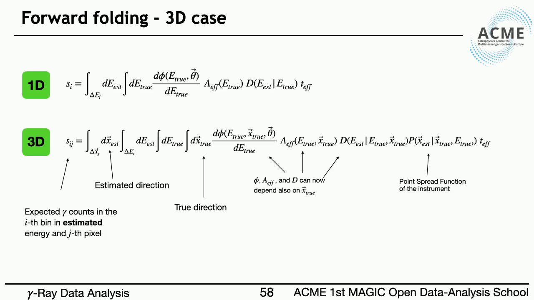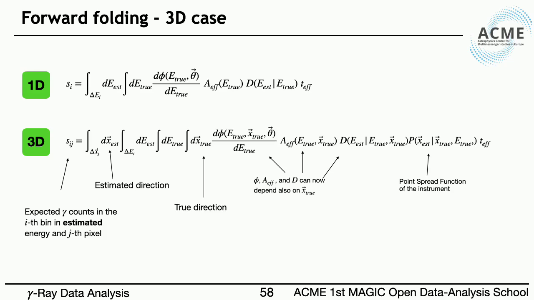Here, the true arrival direction in this expression is shown as a vector x true, while the reconstructed arrival direction is shown as x est, also a vector. Now, if the PSF were perfect, all reconstructed directions would lie exactly at the true position. But in reality, the PSF has a finite width. Some events are reconstructed very close, but others are scattered far away.